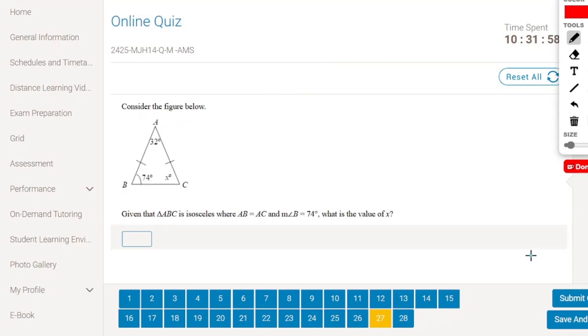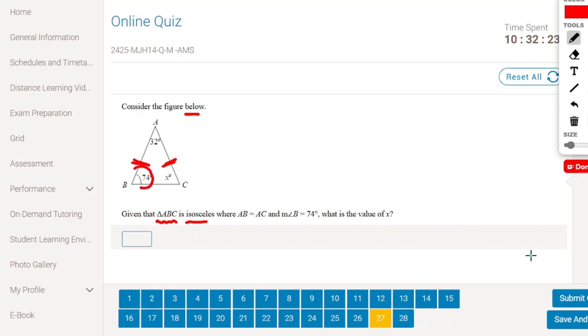Question number 27. Consider the figure below. Given that triangle ABC is isosceles, where AB equals AC. When the two sides are equal, the base angles of an isosceles triangle are equal.